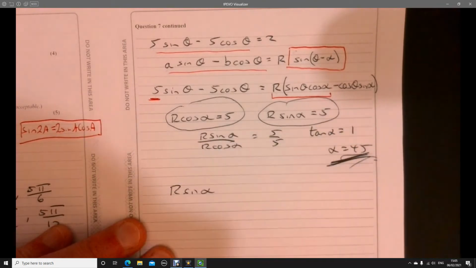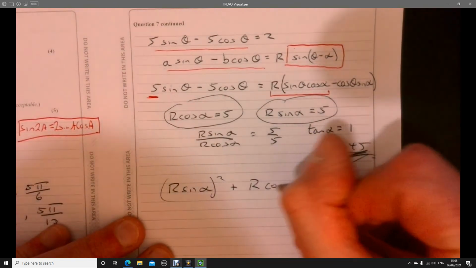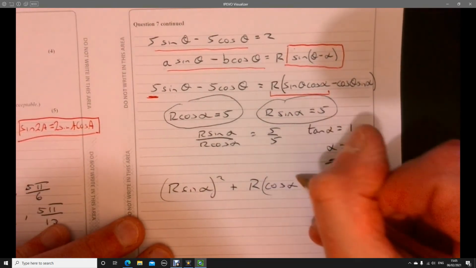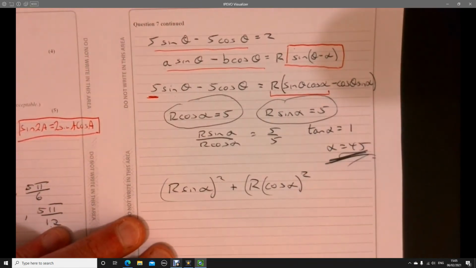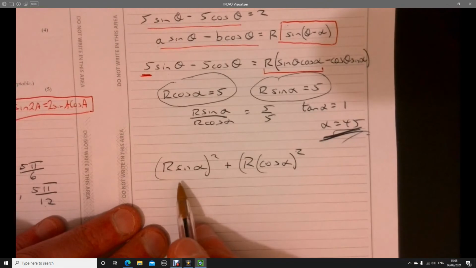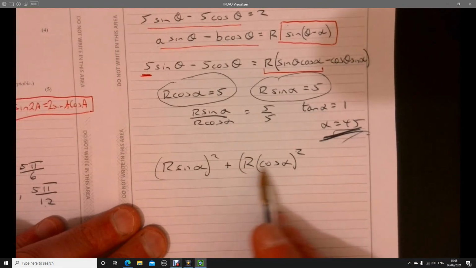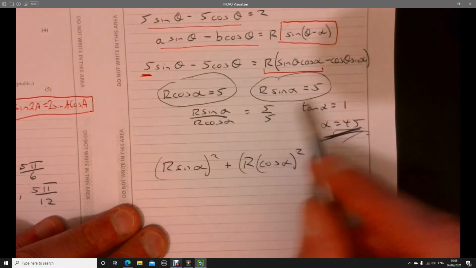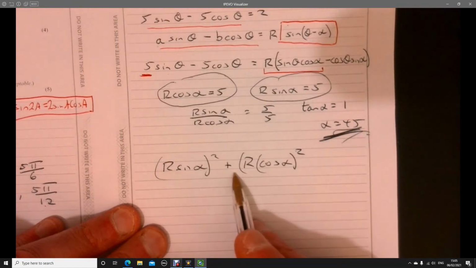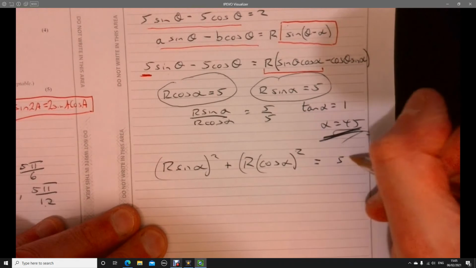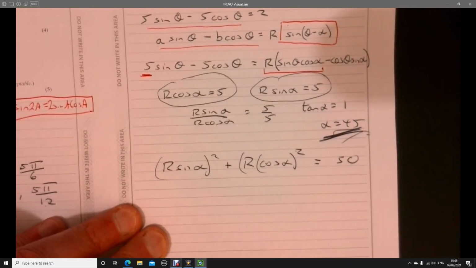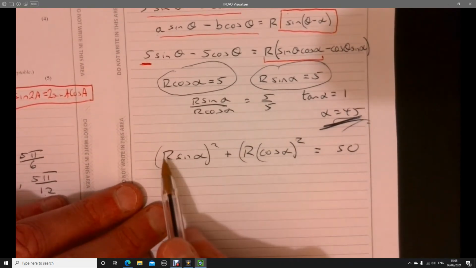So we've got sine alpha squared, plus cos alpha squared. And then what would this actually end up being? Well, obviously I've got the numbers, so I've got 5 squared plus 5 squared, so that's going to equal 50, okay, 25 plus 25.